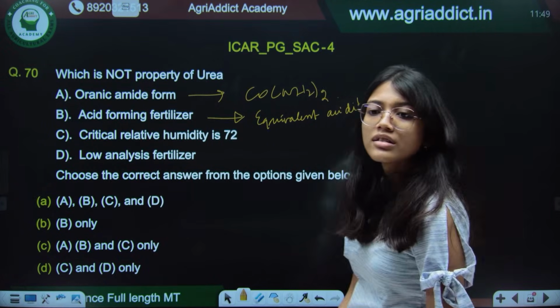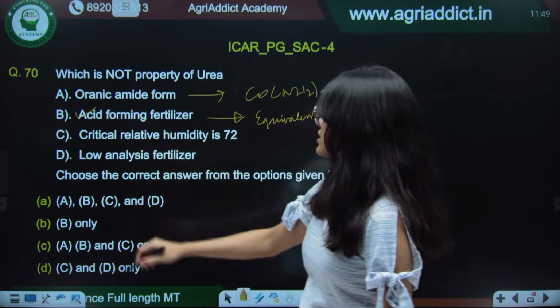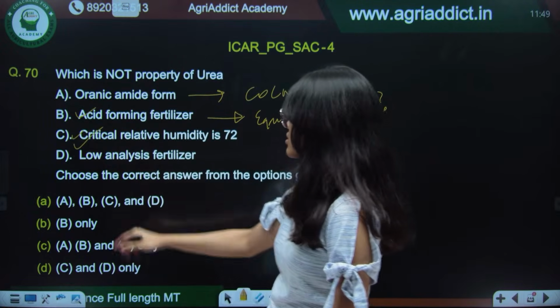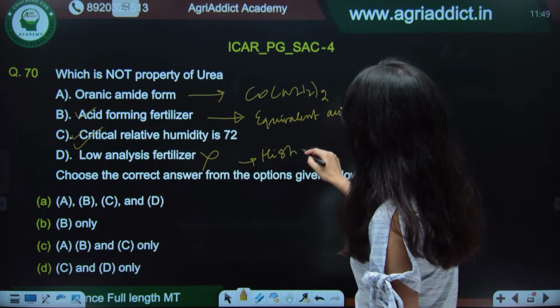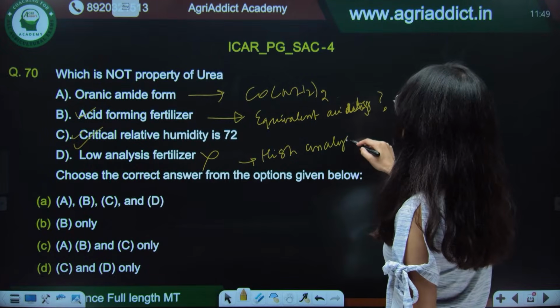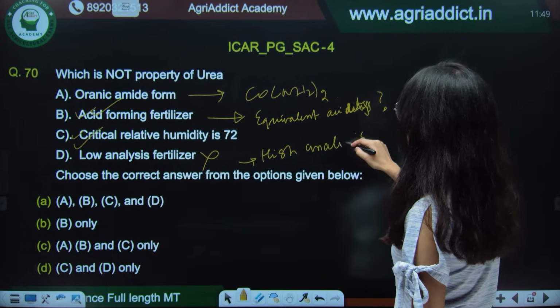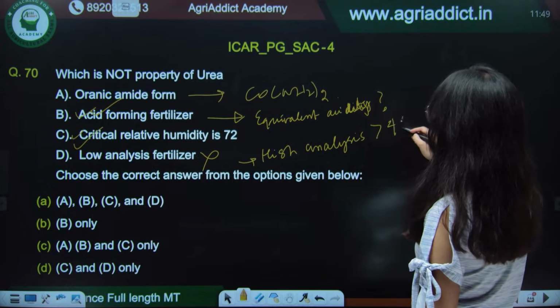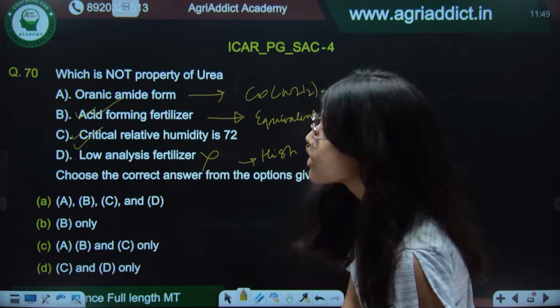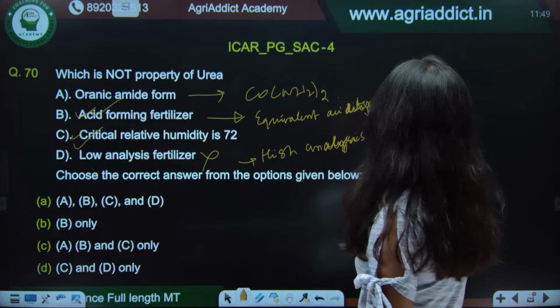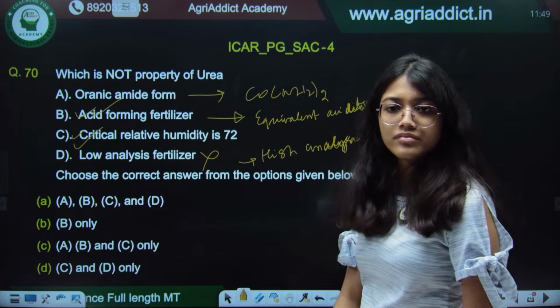Comment. This is acid forming fertilizer. Critical relative humidity is also 72, but it is not a low analysis fertilizer. It is a high analysis fertilizer because the nutrient content is greater than 46%, primary nutrient content, right? Okay, yes, very good. It is 80. Very good.